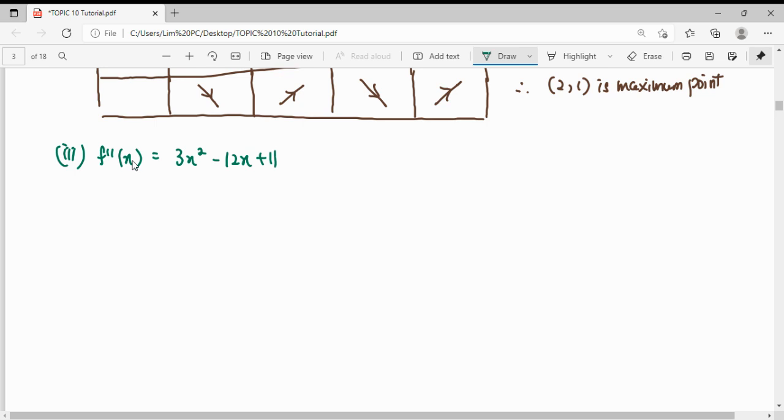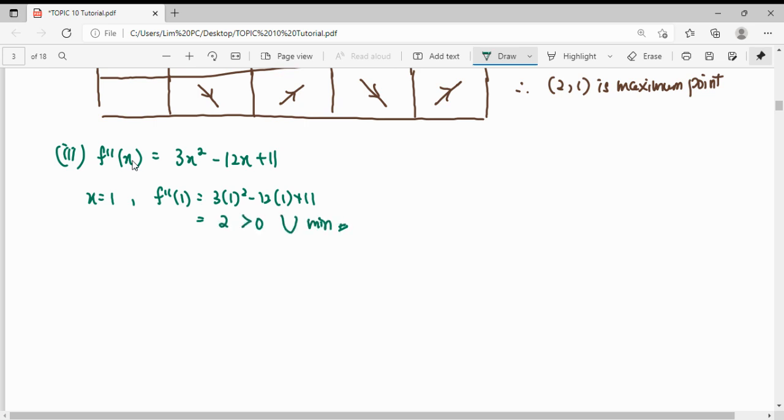Second derivative test is talking about concavity. So we are going to test every point. When x equals to 1, we substitute it into our second derivative function here. So it is positive. Positive will be concave upward.